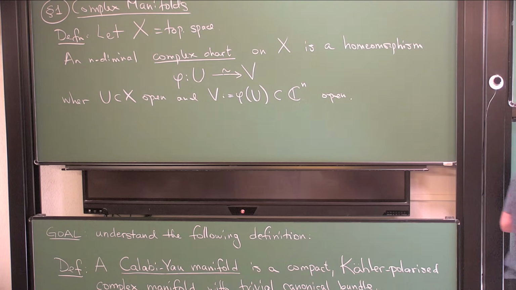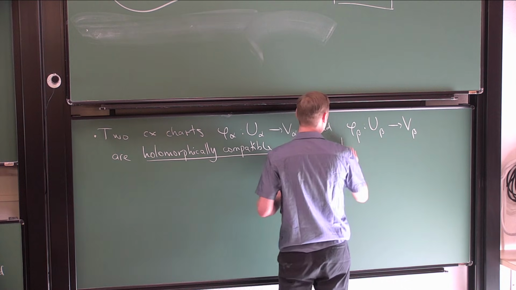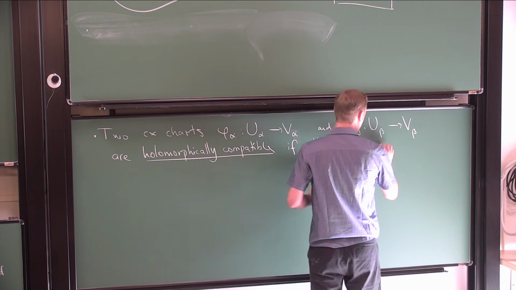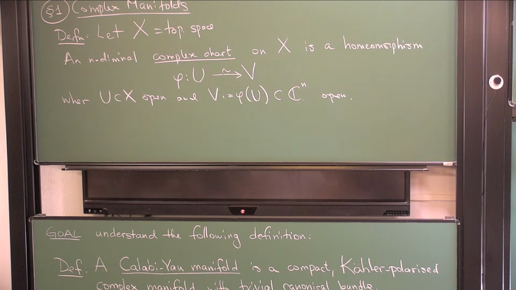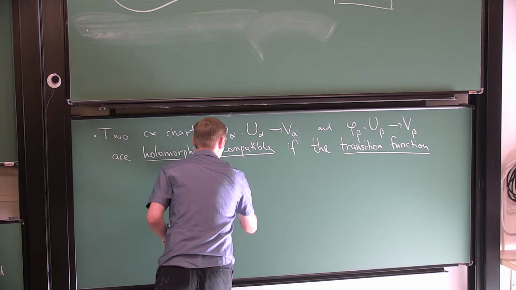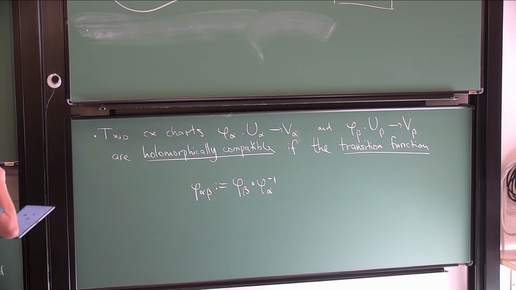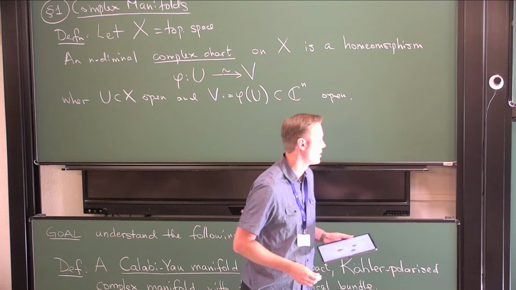so they both map to C to the n, so I can compose, say, compose one with the inverse of the other. That gives me what is called a transition function, which I will call phi alpha beta, which is phi beta compose phi alpha inverse. And so what's the domain and the codomain of this map?